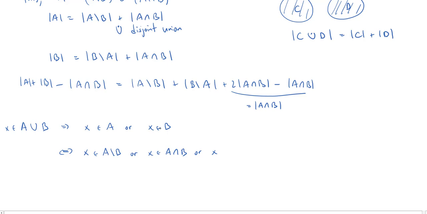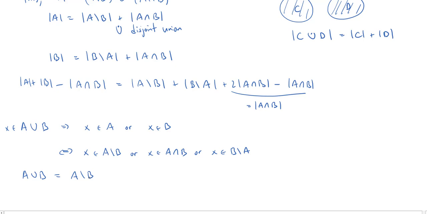So we've already handled that. Or it might not be in A, in which case it'll be in B, not A. So this tells us that being in A union B means you're in one of those sets. So A union B is equal to the union, and now it's a disjoint union because you can't be in any two of these at the same time.